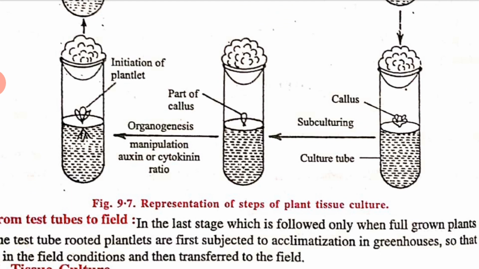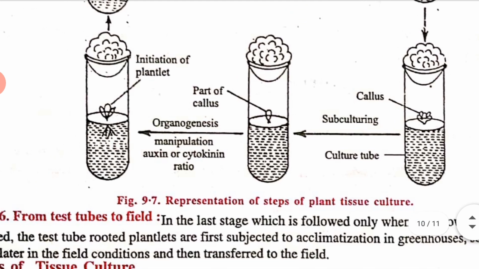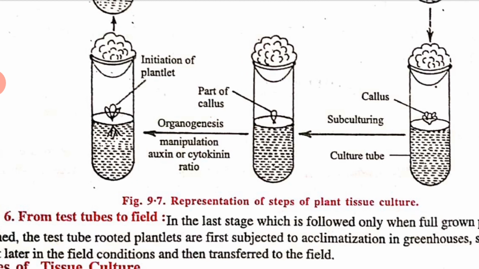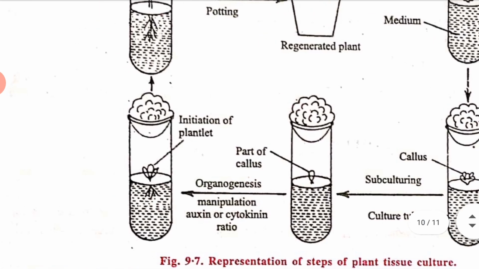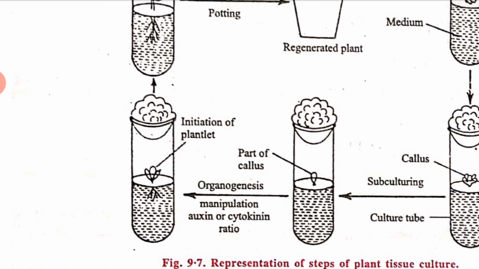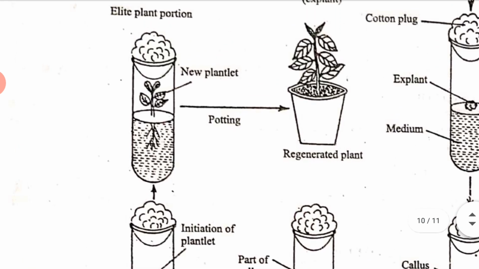Now, after subculturing it, we will see a part of the callus. This is the small part of the callus, and after organogenesis, by manipulating the auxin and cytokinin ratios, we will increase that ratio. We will see the initiation of the plantlet, a small leaf. After some days, a new plantlet grows inside that test tube.